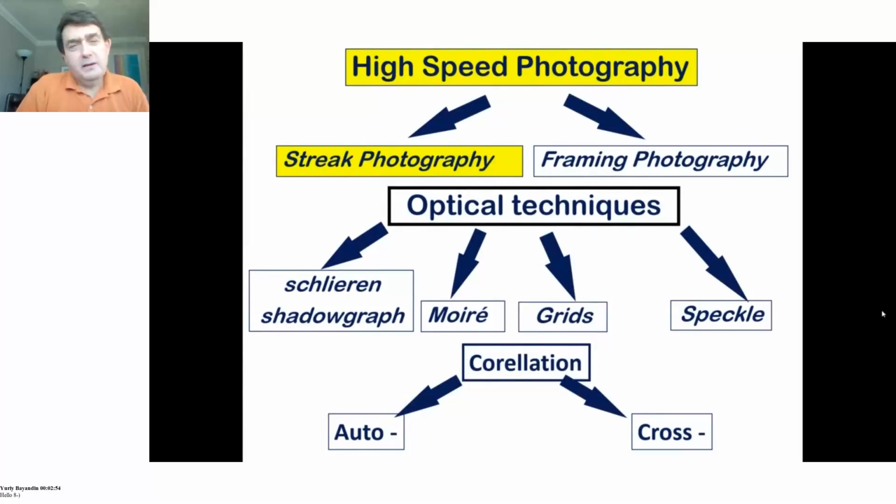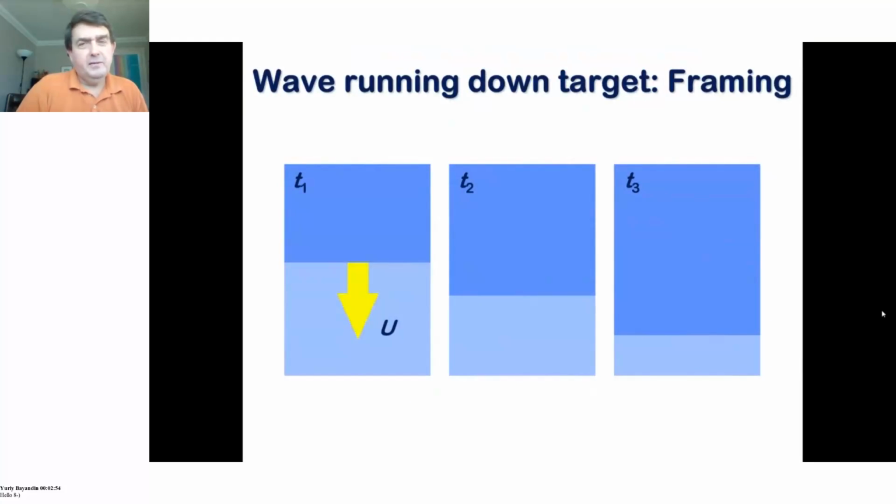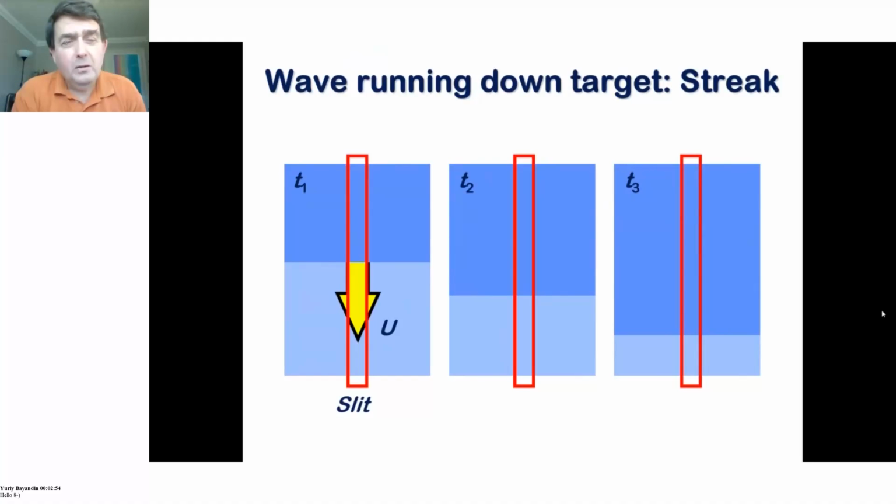Having a look at streak photography, many people in this lecture, I hope, are very familiar with streak photography. So here we have a target with a wave moving through it at a velocity u. And if we were taking framing images, we would have 3 images at time 1, time 2, time 3. If instead we just looked at a single line down the target through a slit, and we were willing to sacrifice the 2-dimensional field of view to look at a 1-dimensional line, but with how it varies with time, that would be a streak image.